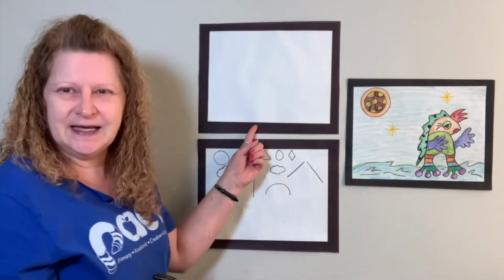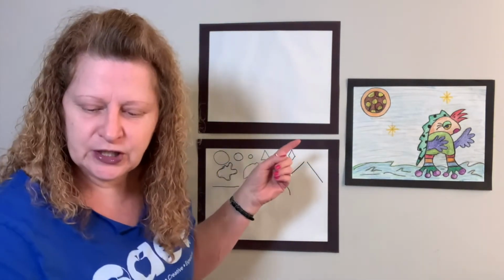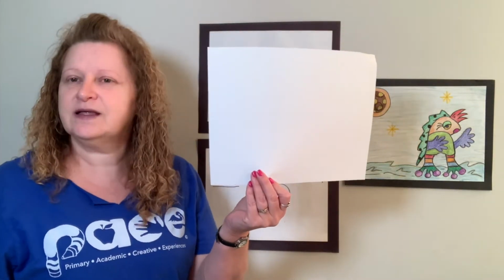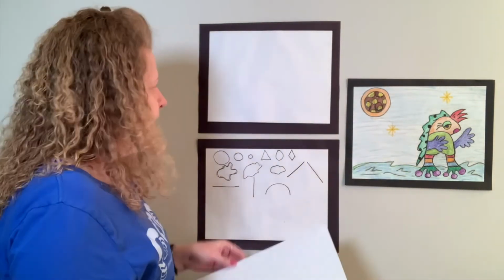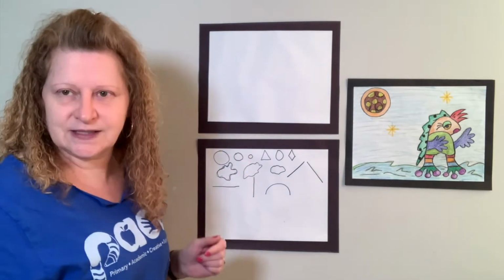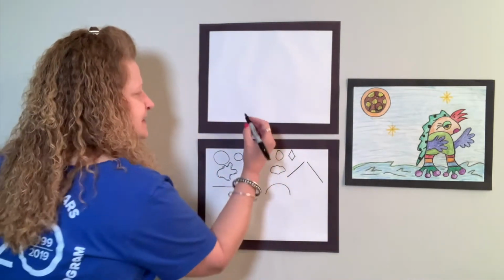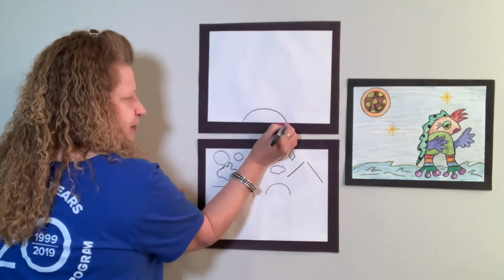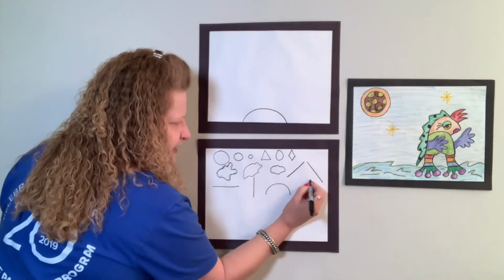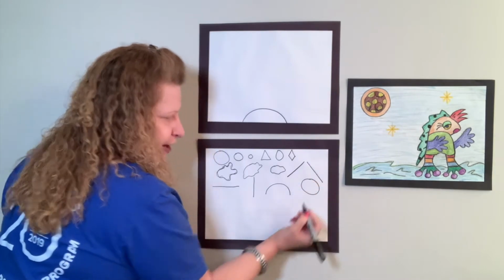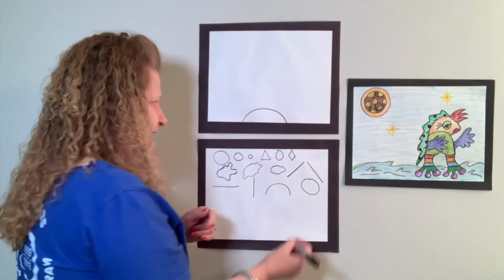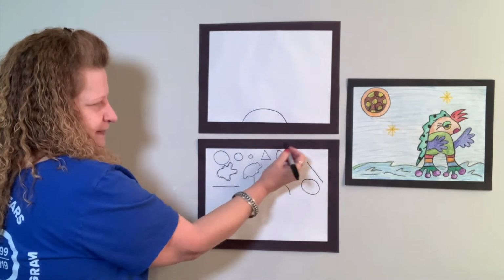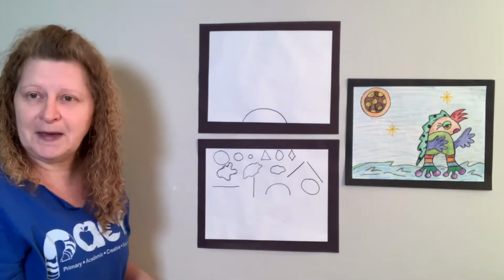Now, today, it doesn't really matter if you put your paper standing vertically or horizontally. I'm going to let you decide. Of course, I have mine horizontally today. And so I'm going to start first. Down at the bottom, I'm going to make a curve. So, yes, my sun would be like a large circle, but instead, I'm kind of just drawing a part of it and pretending like the rest of it just got cut off of my paper.